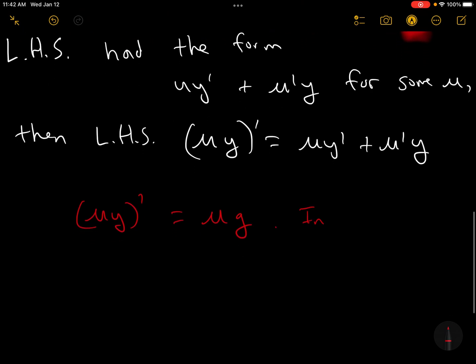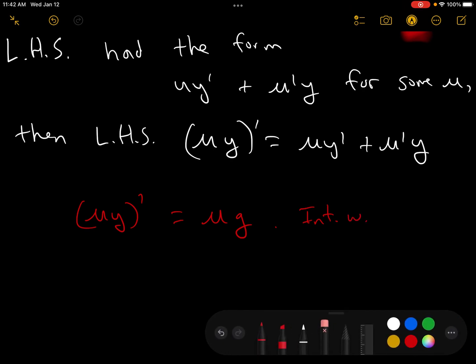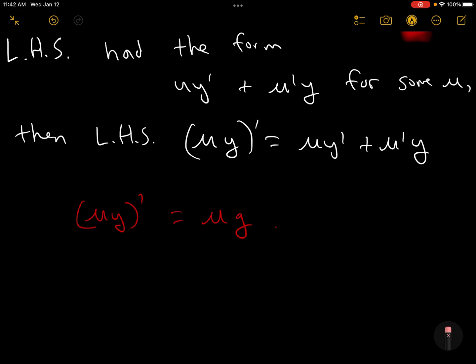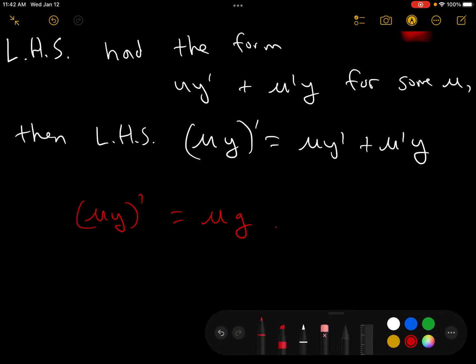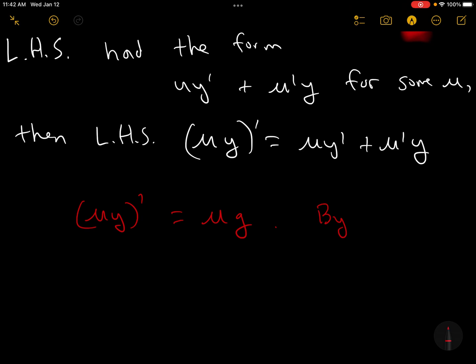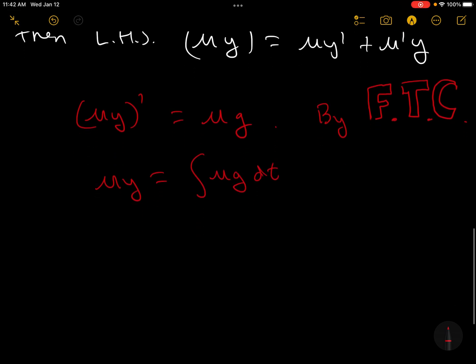And if you integrate, well, here's even better. By the FTC, the left-hand side becomes mu y, and the right-hand side becomes the integral of mu g dt.